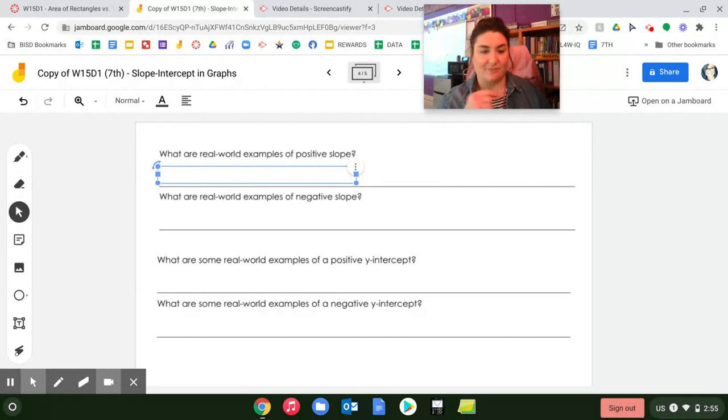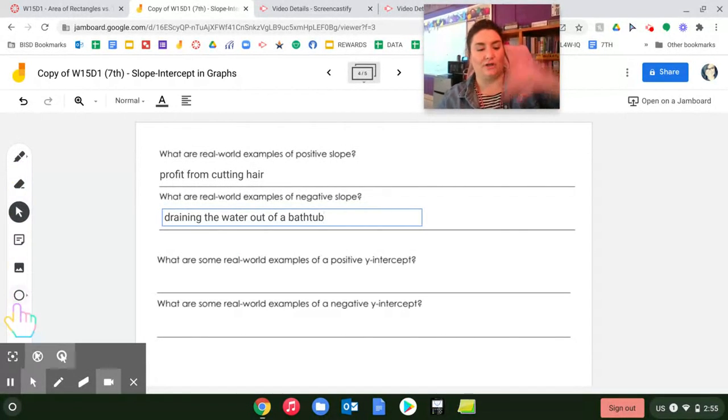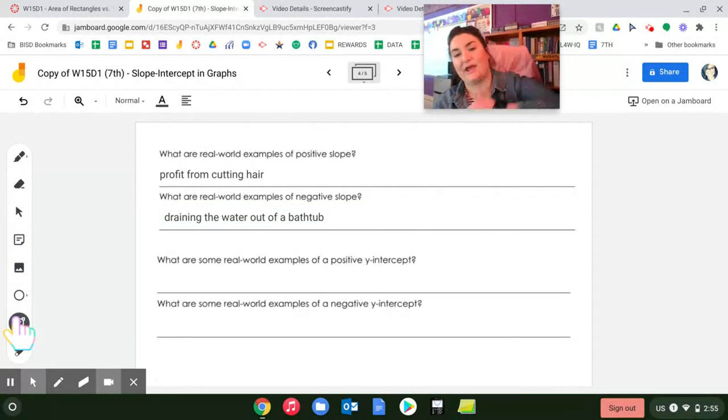A real-world example of positive slope is profit from cutting hair. A negative slope would be like draining the water out of a bathtub. So those are constant changes going either down or up over time, over haircuts.